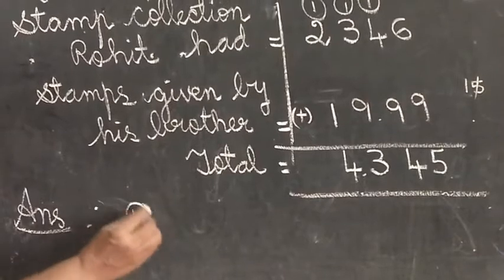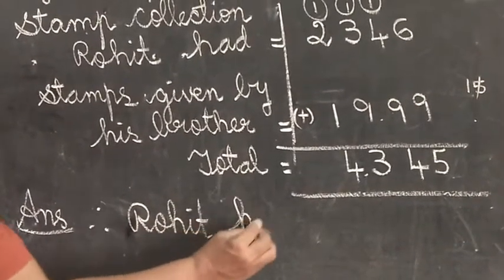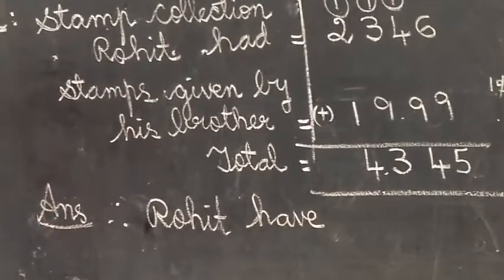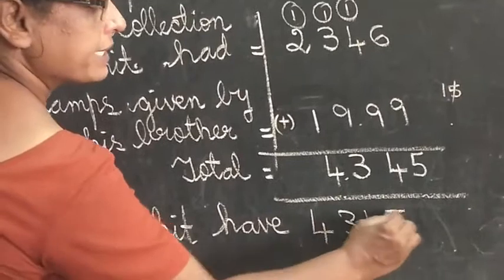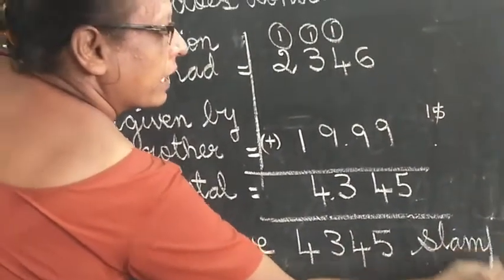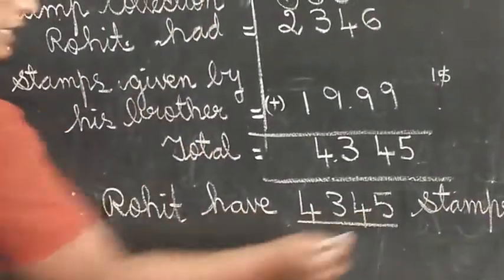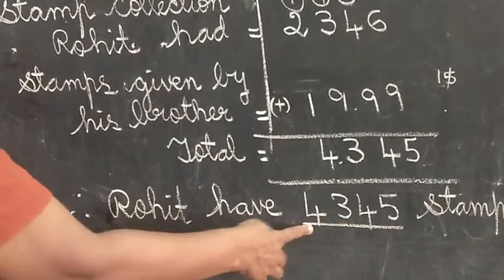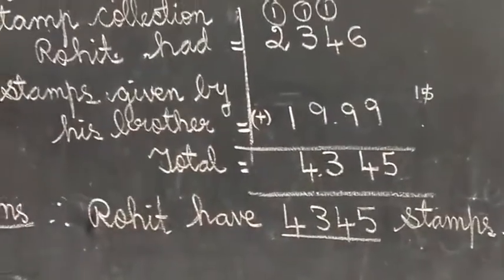So, Rohit has 4,345 stamps. Understood, children? Now all together how many stamps is he having? So, Rohit has 4,345 stamps. Okay children, are you thorough?